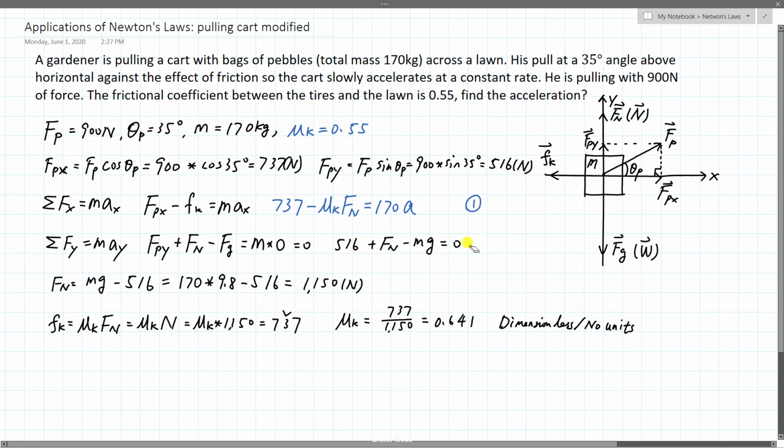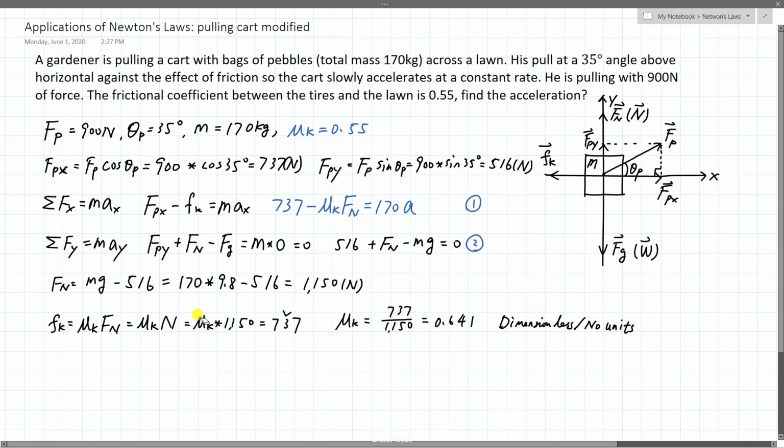What this got us was the magnitude of the normal force, which is gravity minus the y component of the pull, and we already had that. And now I can calculate this normal force.